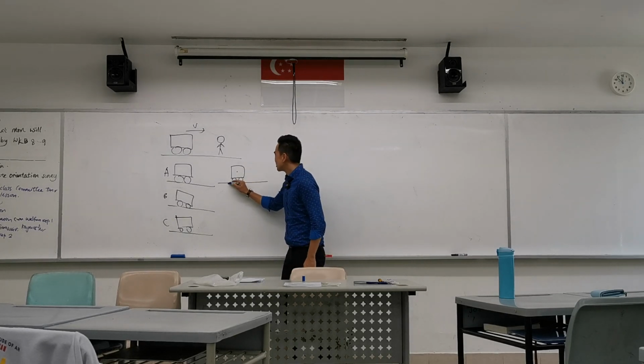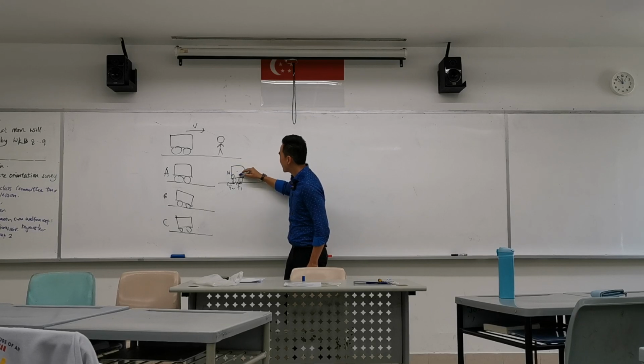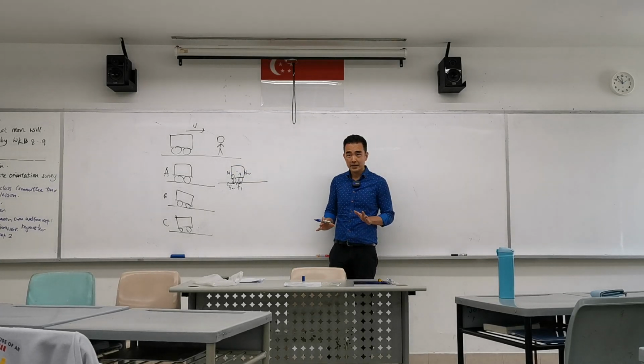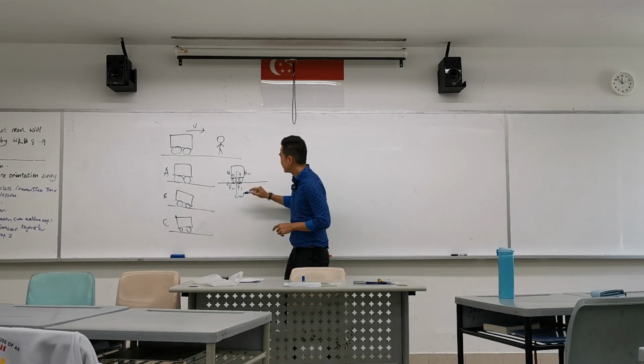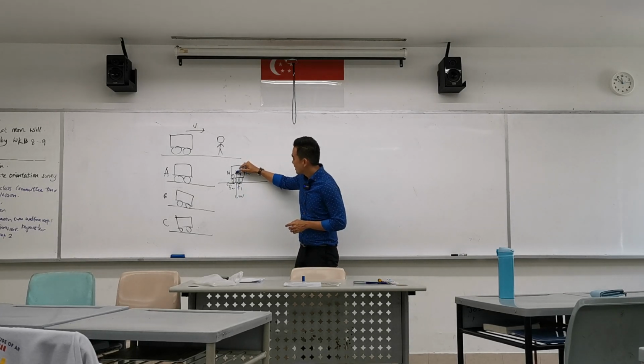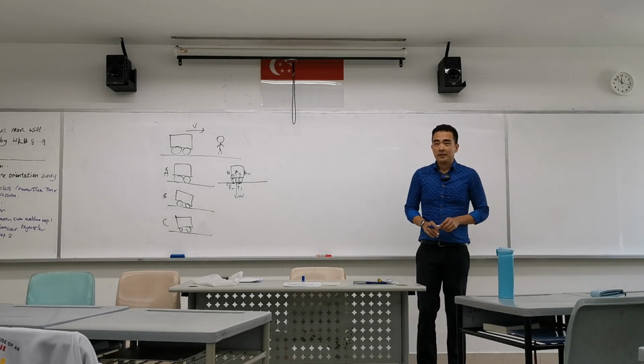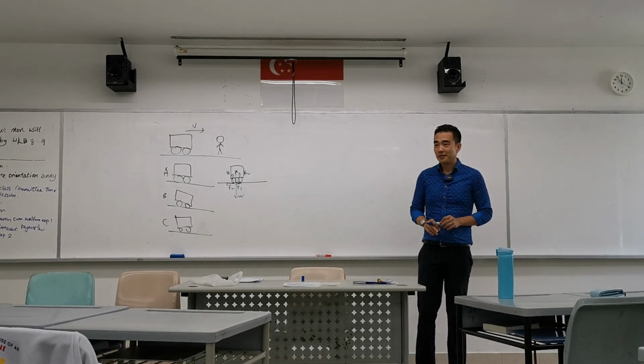Now, do you agree that the frictional forces over here are F1 and F2, and there is an N1 and an N2 over here? All the forces acting. And of course, obviously, you've got a weight here. Now, if you take moments about the center of gravity, how many clockwise moments are there?